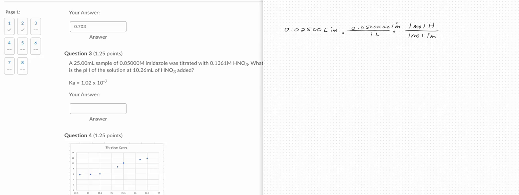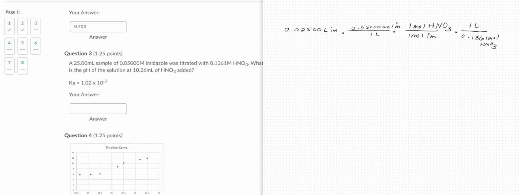And we are working with nitric acid, which is monoprotic. So I'm just going to skip a step basically and equate it to 1 mole of HNO3. And I have 0.1361 moles of acid per liter.